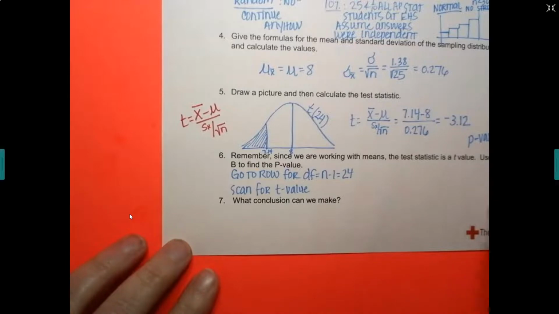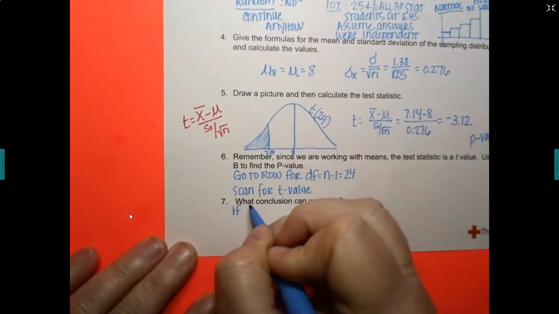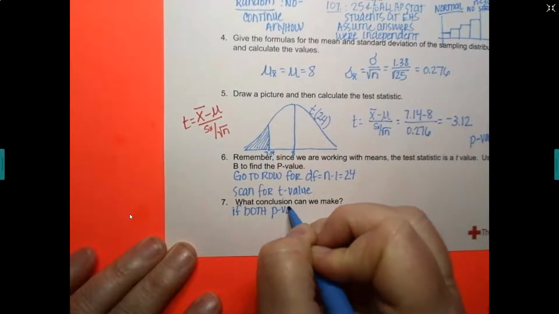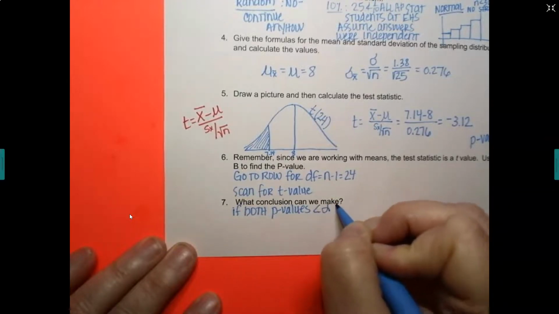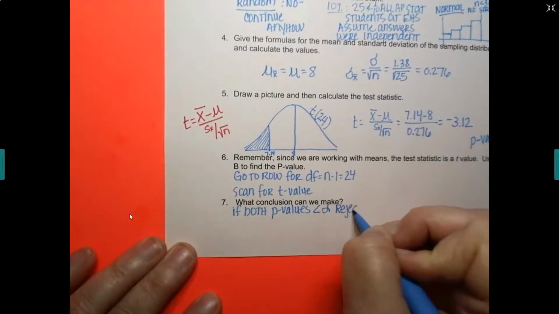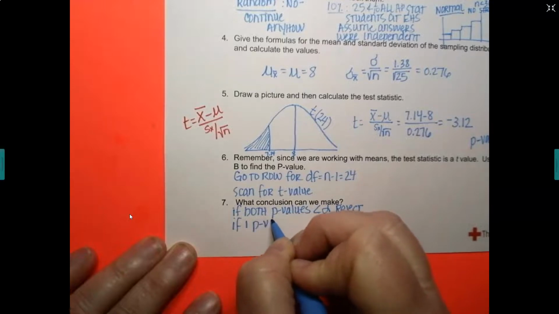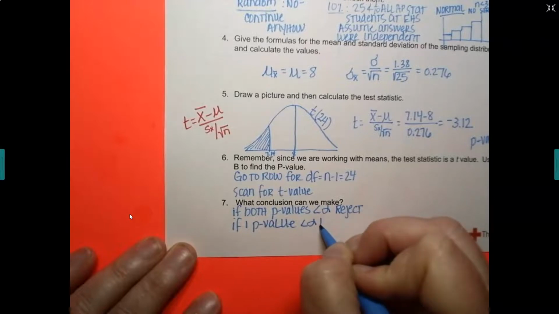we need to have both of these be below our alpha in order for us to be able to reject. So if both p-values are less than alpha, then you'll reject. If one p-value is less than alpha, you have to fail to reject.